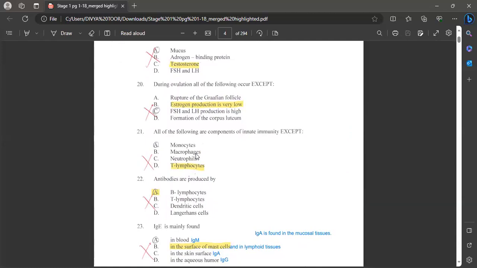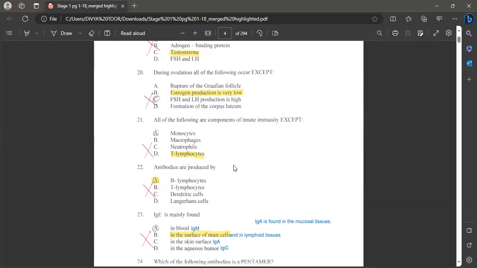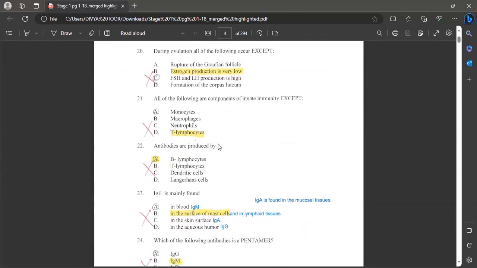Yes, T cells and antigen presenting cells are for adaptive immunity. So it's correct, T lymphocytes is the one that is for adaptive. Then antibodies are produced by B lymphocytes, that's true, but we don't know why that person got it wrong.